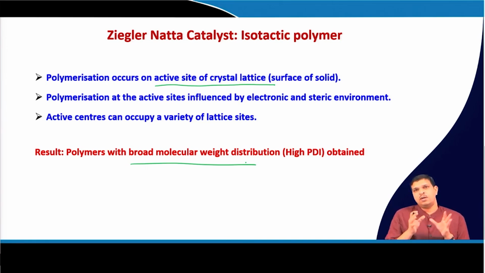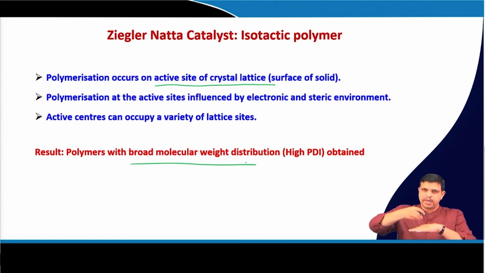Although they are isoselective, we get a broad molecular weight distribution because of the heterogeneous system, as the attack of the monomer depends on the active centers and how the vacant space is available on the surface.